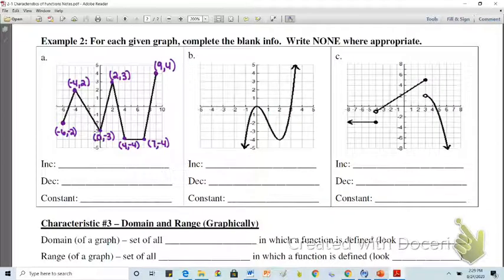From here, I'm going to just start tracing my graph. I'm going to start at the beginning and see what happens.